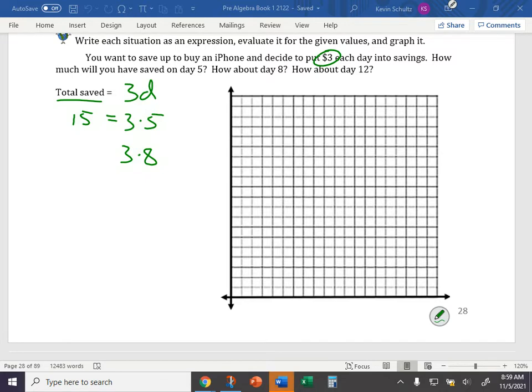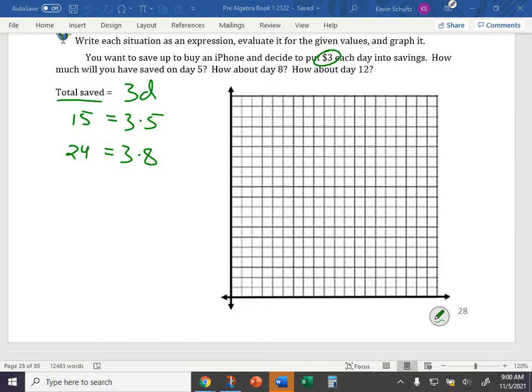How much will we have saved then? 24. 3 times 8 is 24.